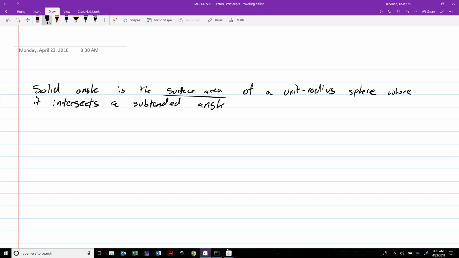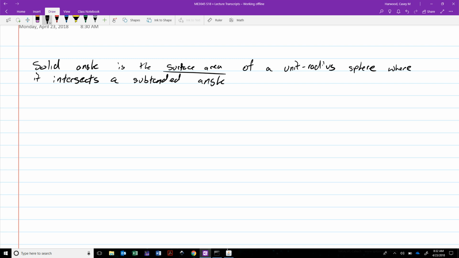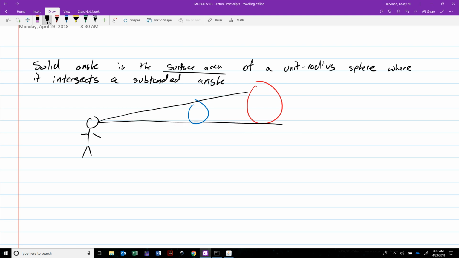And so what I mean by that is, the example was if we've got little Billy out here watching the solar eclipse. We've got the moon, we've got the sun. The idea is that these both subtend the same angle. In other words, they occupy the same visible region of space.